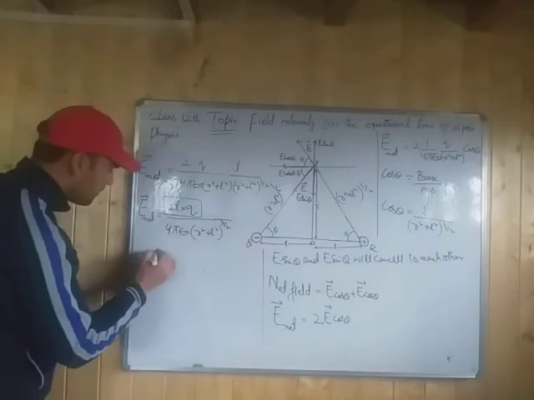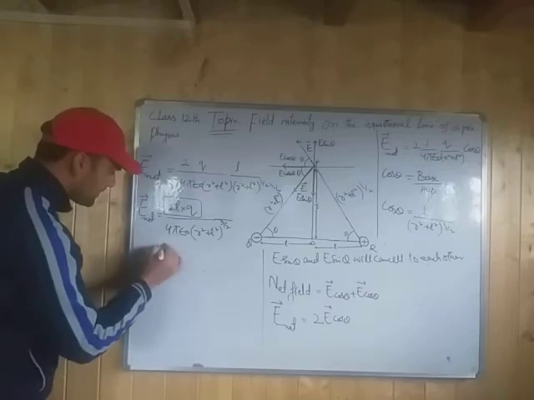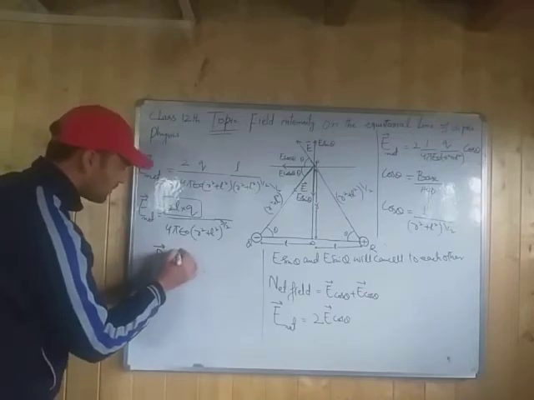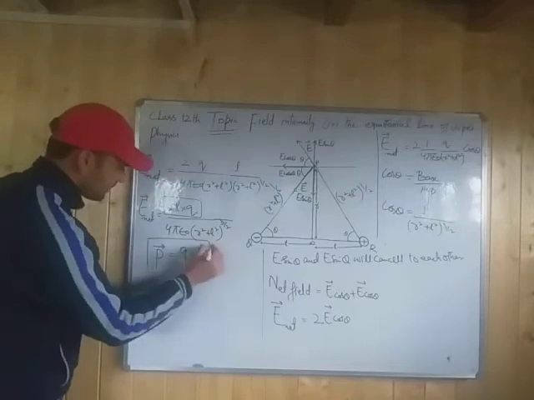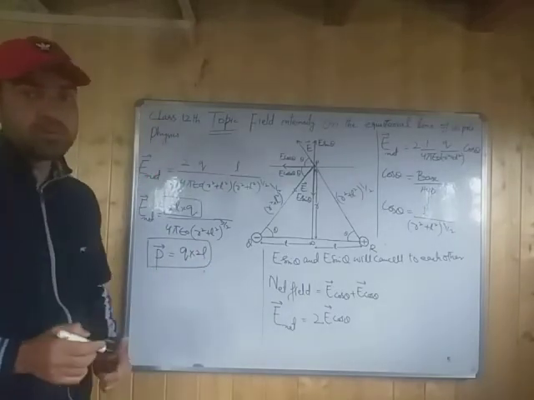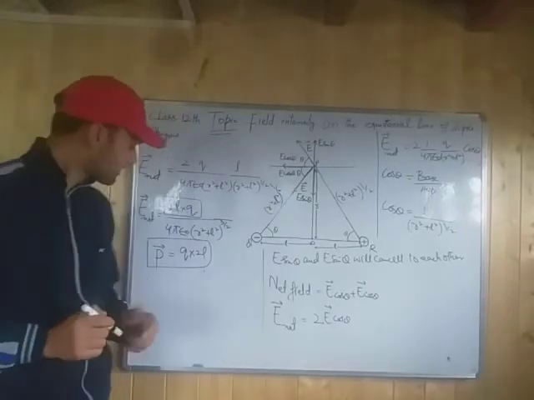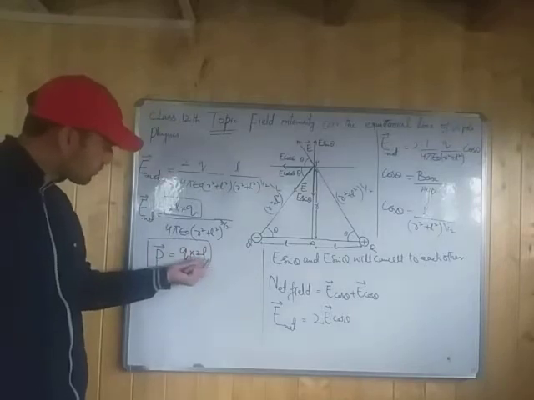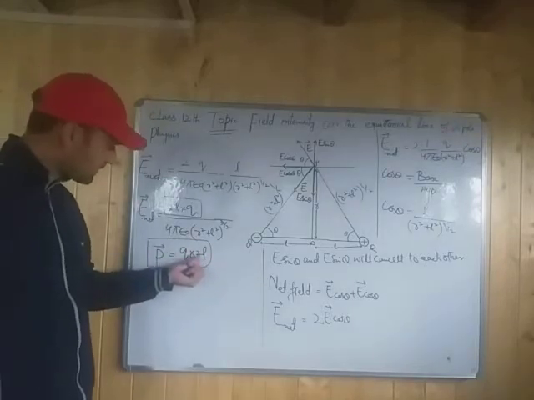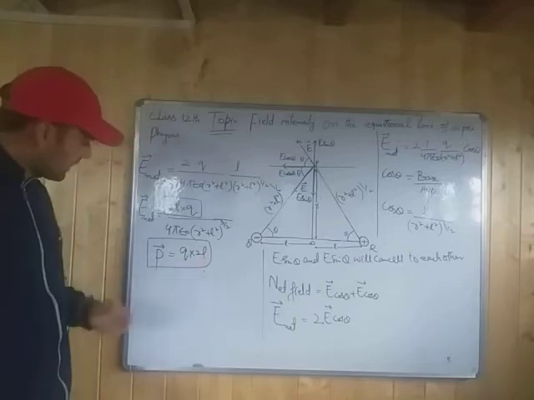So we have a quantity here, the dipole moment. This dipole moment we represent by P, that is equal to Q into 2L. We have already defined dipole moment: it's the product of either charge and the separation between the two charges. The charge is Q, and the separation between the two charges is 2L. So that's the dipole moment.